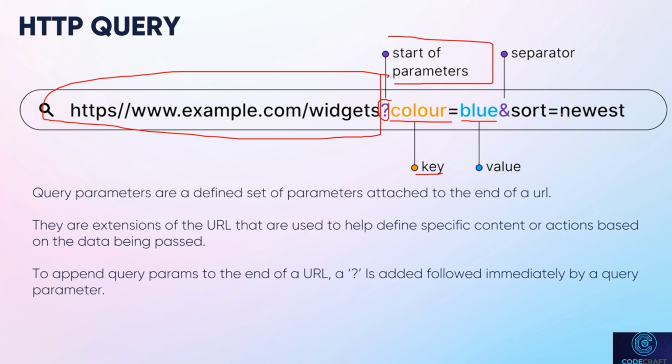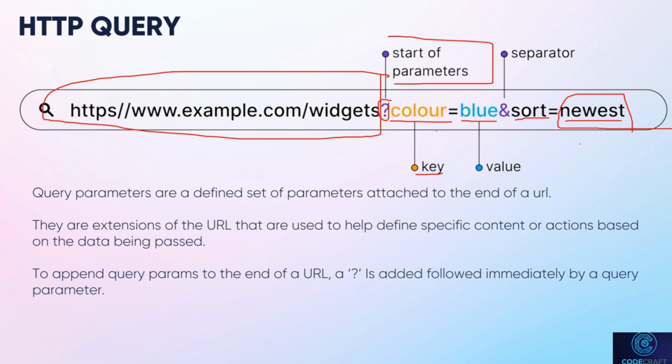With this ampersand, I'm specifying a new key, which is sort, equals newest. Here I am filtering and requesting the newest responses. So as you can see, you can include multiple query parameters in a single request by separating them with ampersands.